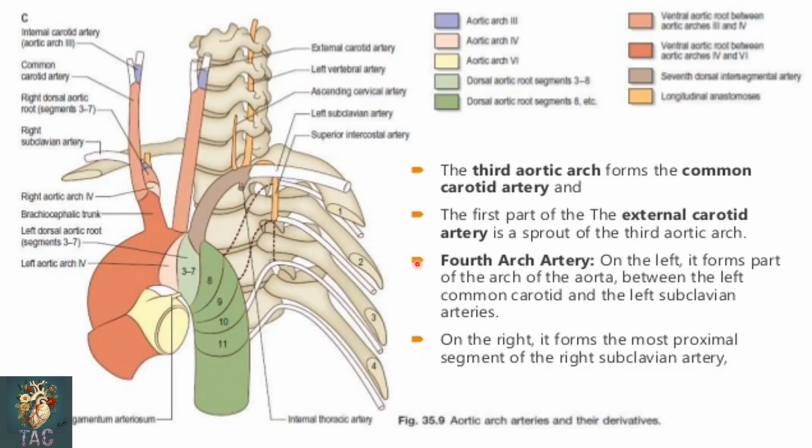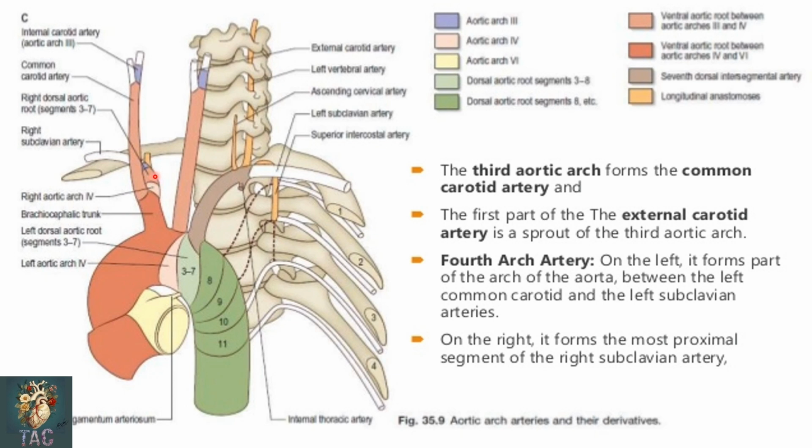So here you can see, because of the descent, this was the part which was originally derived from the fourth aortic arch. Now it comes to lie between the common carotid and the subclavian artery. This is the part forming the brachiocephalic trunk, formed from the ventral aortic root.